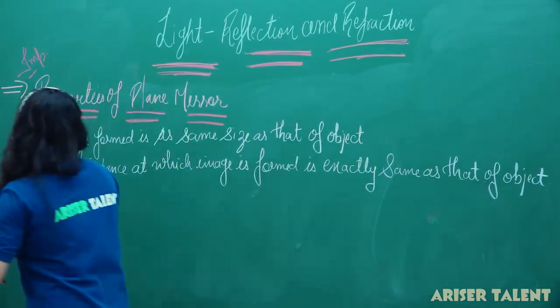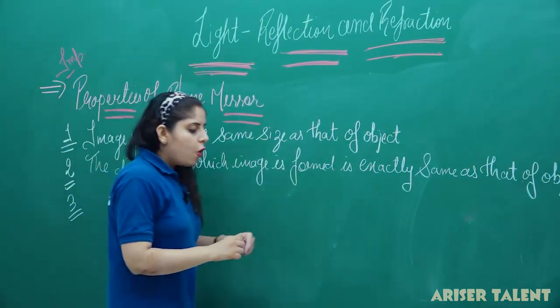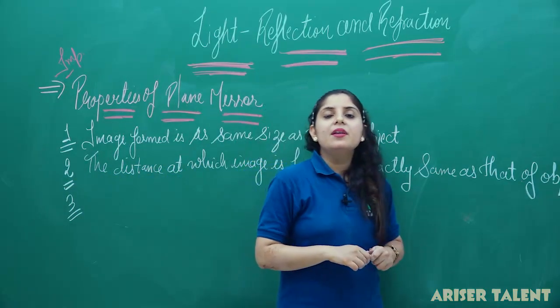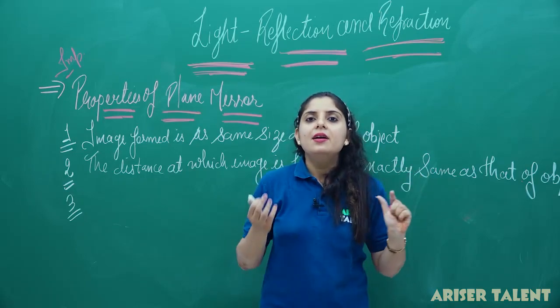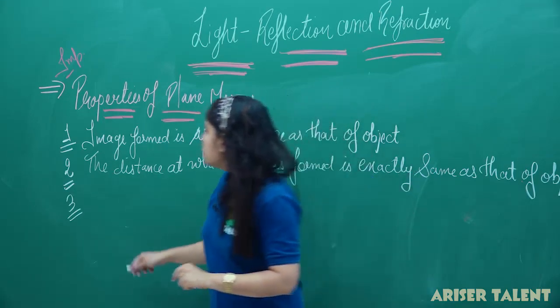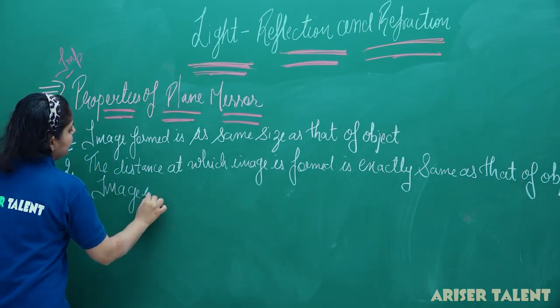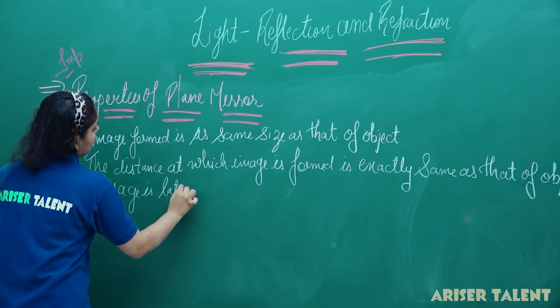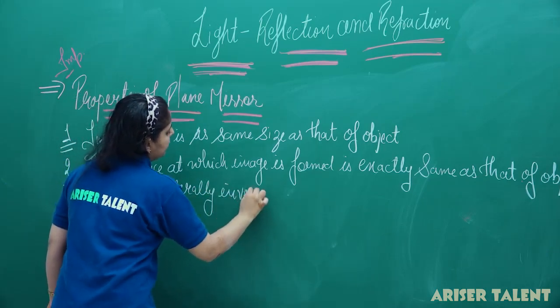Now, the third point is the image formed in case of the plane mirror is laterally inverted. We have seen in the diagram, we are just getting the laterally inverted image here. So, the third point is the image is laterally inverted.